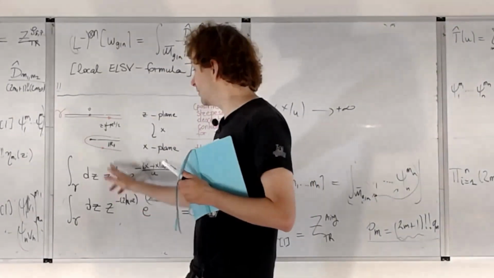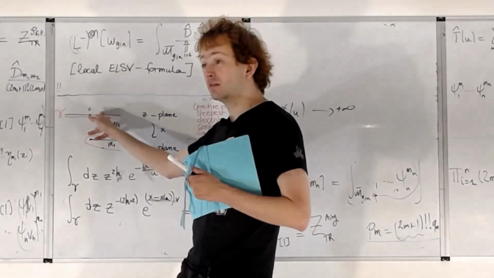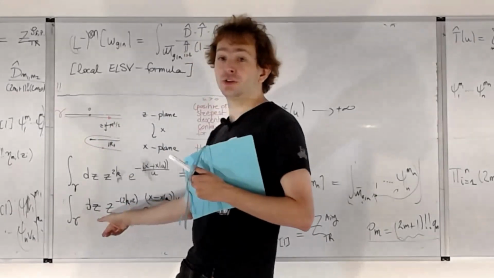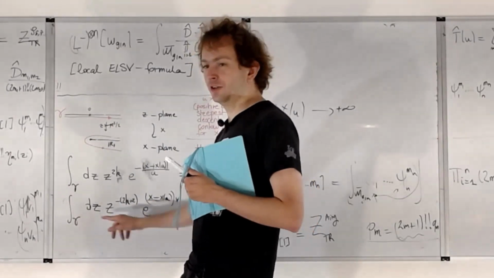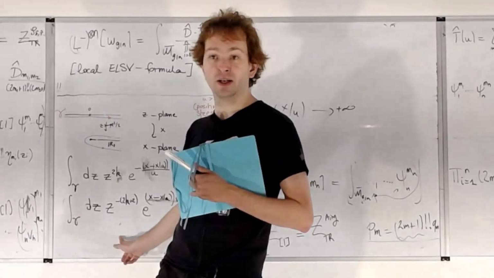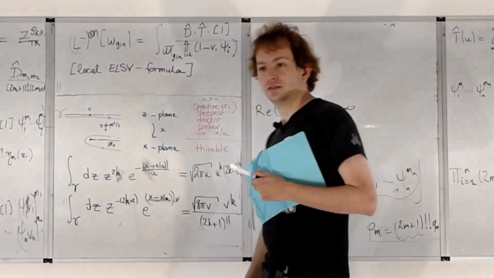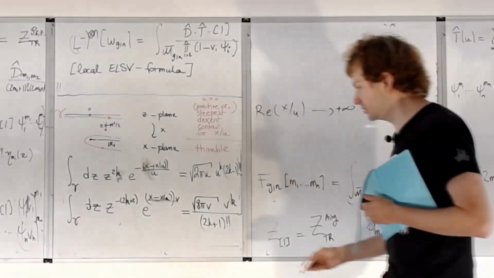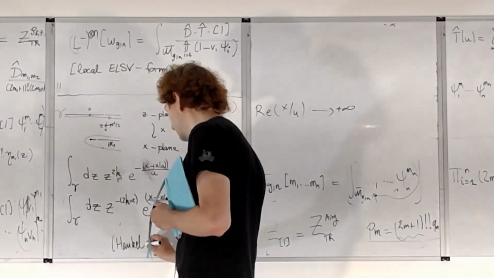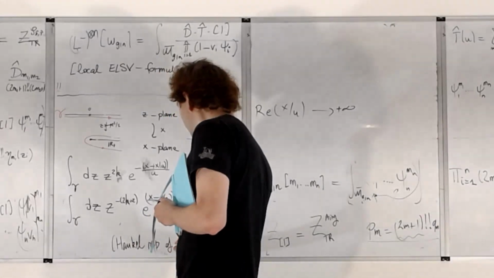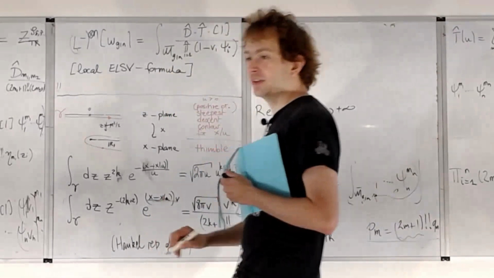In that case, you can squeeze the contour to the real line. In that case, you can't because you have a pole here. Nevertheless, that's another form of the gamma, actually inverse gamma integral. That's essentially the Hankel representation of the gamma function. And we're going to play with that in the exercises.